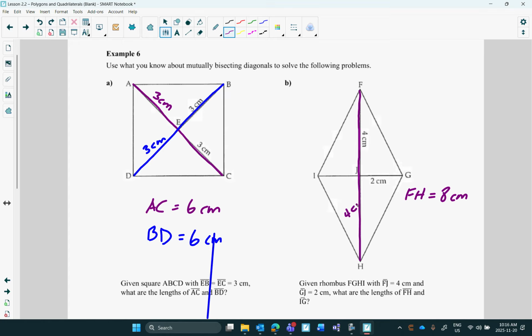This must be 4. And what's IG? 4. This is 2, this must be 2, which together make 4. So these are the kind of questions.